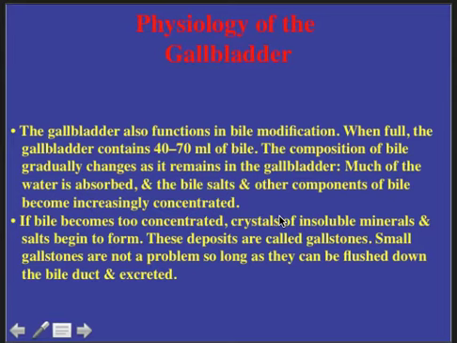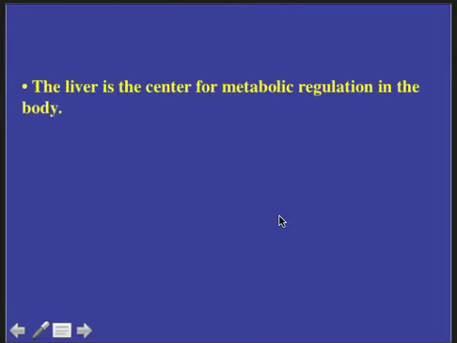These are gallstones. Small gallstones are not a problem as long as they can be flushed down the bile duct and excreted. But large bile stones can block the passage of bile into the duodenum. This produces extreme pain when you attempt to digest food as it comes from the stomach.